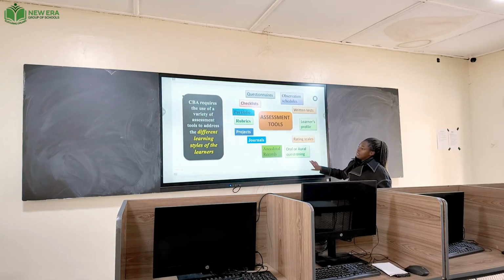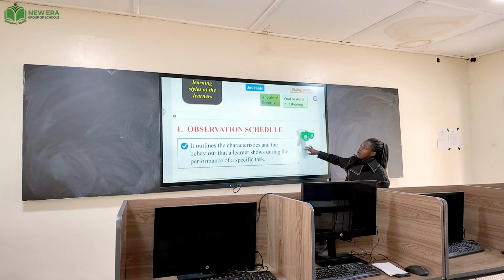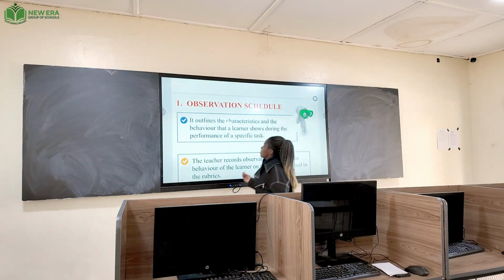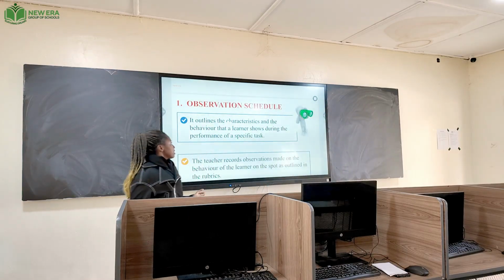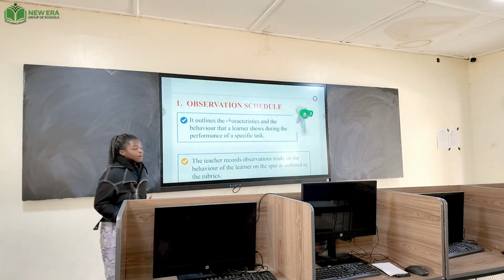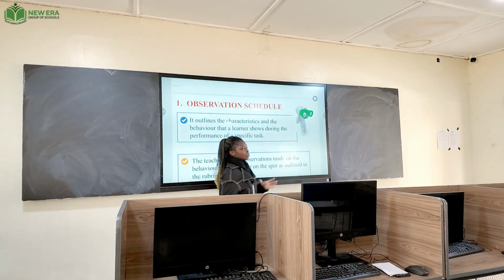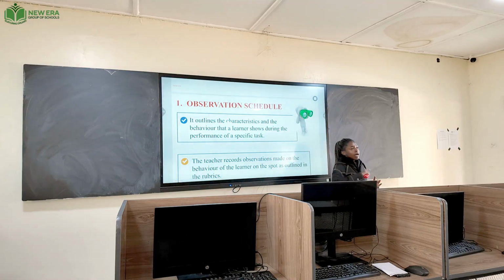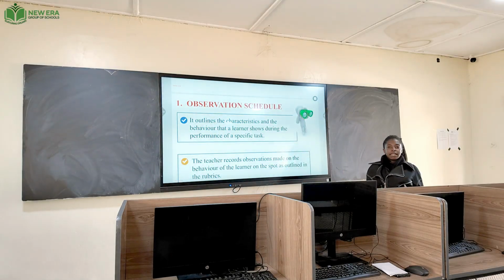We have the first one, which is the observation schedule. This one outlines the characteristics and the behavior that a learner shows during the performance of a specific task. So this one mostly lies on the teacher, where you give the learners a task.